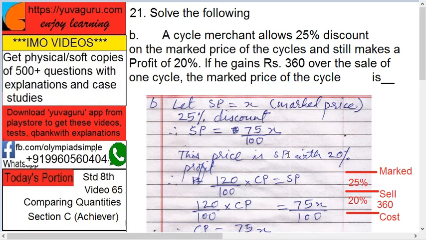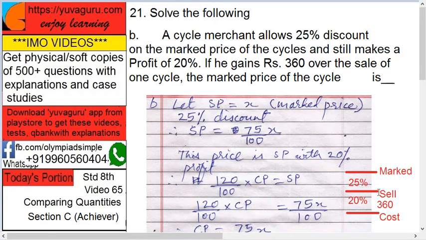Now this price is SP with 20% profit, means in this case he is earning 20% profit also. So what does it mean? If the cost price is, we call it CP, then 120 into CP upon 100 equals this selling price, right?